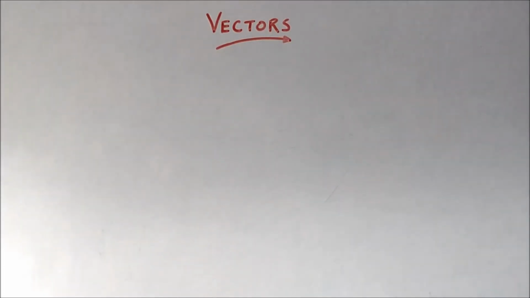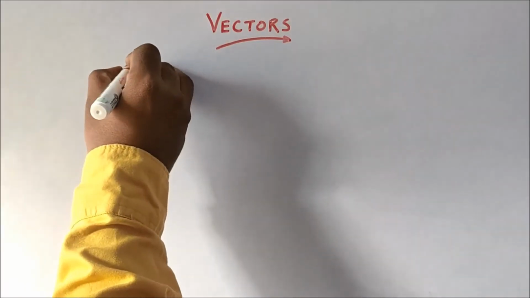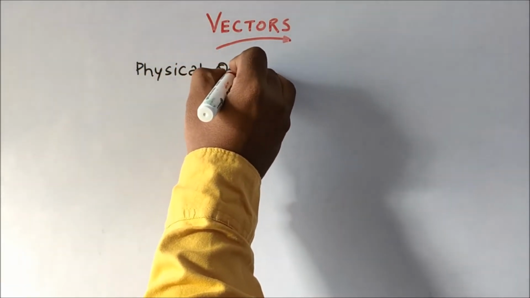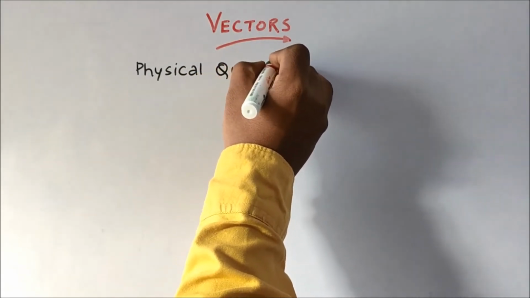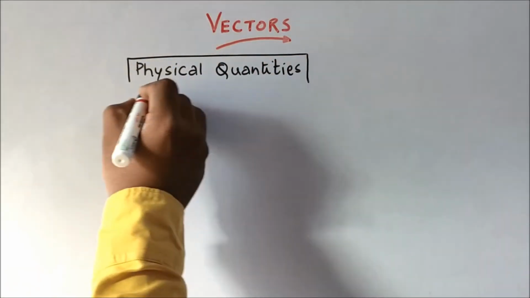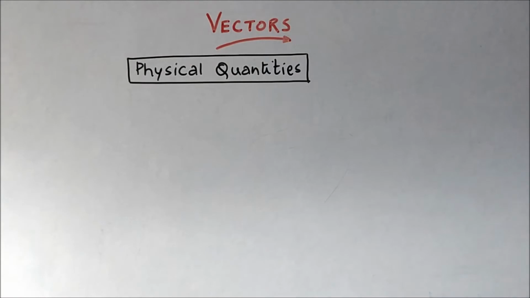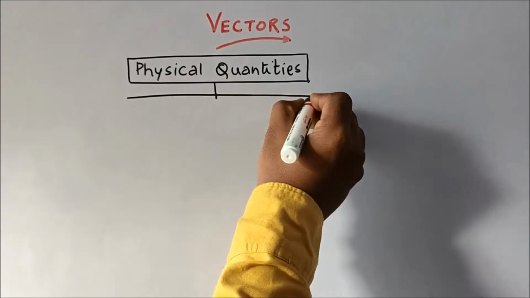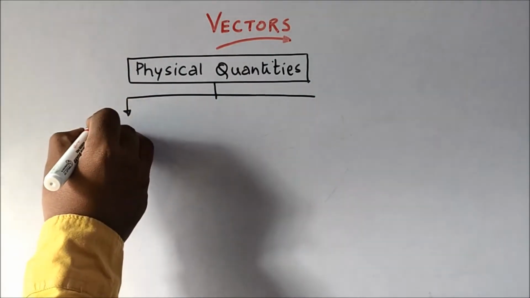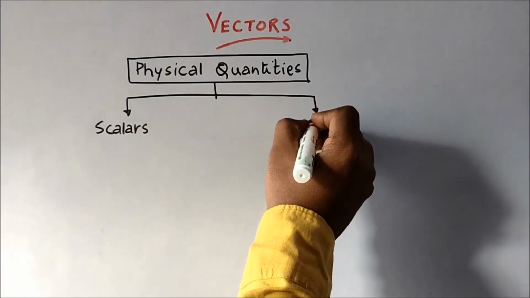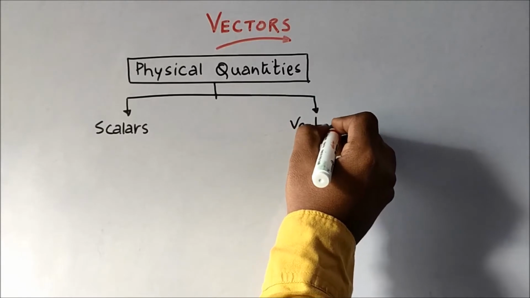All physical quantities are basically divided into two parts. All physical quantities are categorized into two types: one as scalars and the other as vectors.